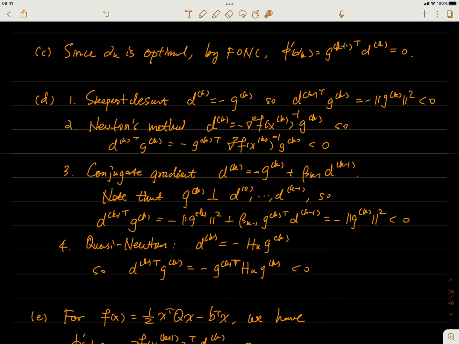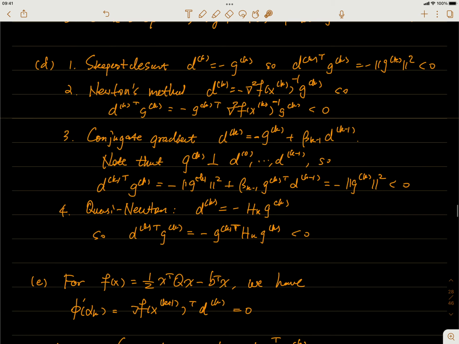I will see that it's essentially just the inner product of g_k with this, and then the inner product of g_k with that. But this will be gone, since g_k is orthogonal to d_{k-1}. So this whole term is just gone. And then we have the negative of the norm of g_k squared, and that must be less than 0 as well, since g_k is not 0.